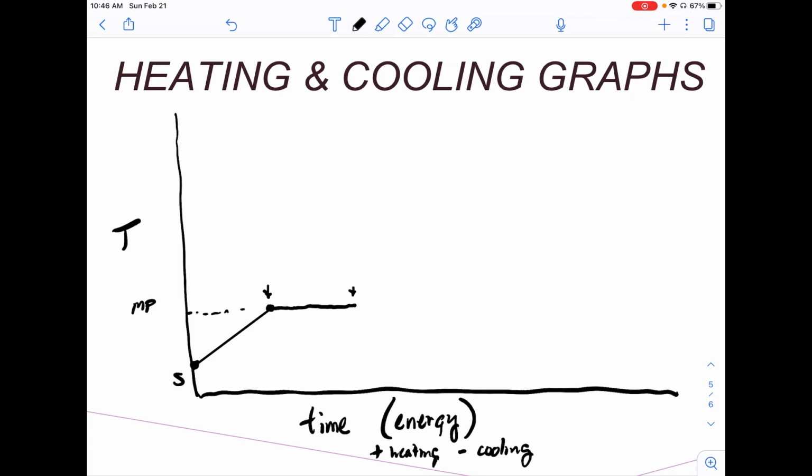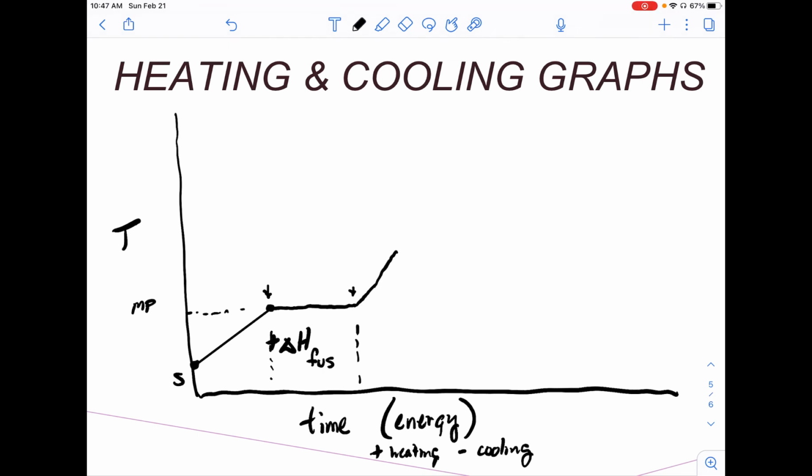So the substance warms up, it reaches a point where it's going to start absorbing energy. And this amount of energy it has to absorb is going to be the heat of fusion. And so it's absorbing it. It's then going to continue to heat up once it's fully melted.